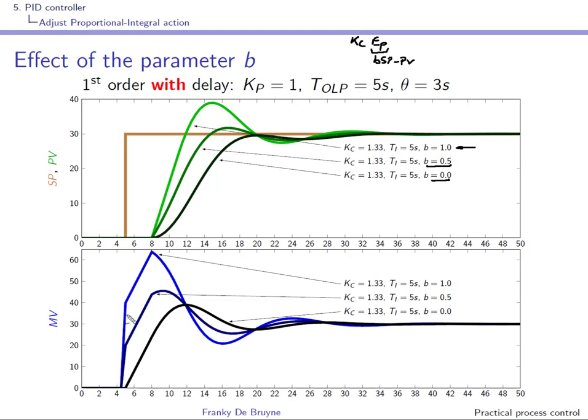And as you can see the effect of B on the proportional kick: B equal to 1 is a full proportional kick, a B of 0.5 is only 50% of the proportional kick, and with B equal to 0 it completely disappears.